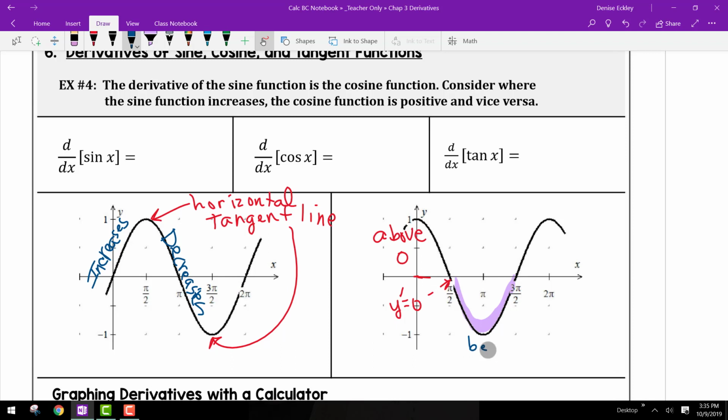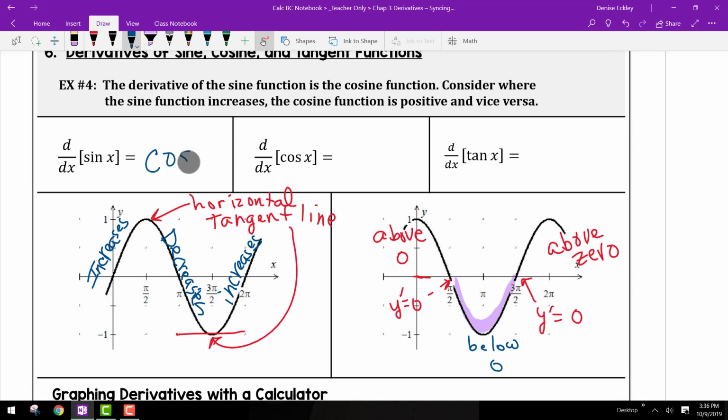Okay, so we're below 0. And then again, here we have another 0, so y prime equals 0 here. That's at 3 pi over 2, our other horizontal tangent line. And then, of course, we are increasing again on our sine graph, which is above 0 in our derivative graph. So the derivative of the sine graph is cosine x.